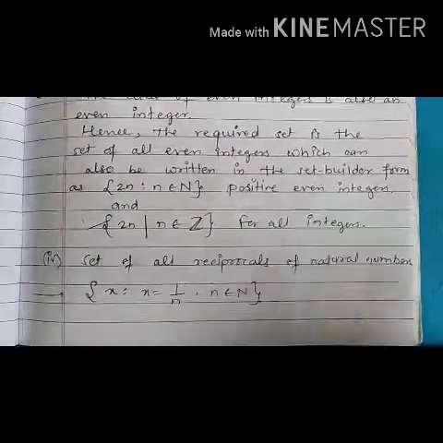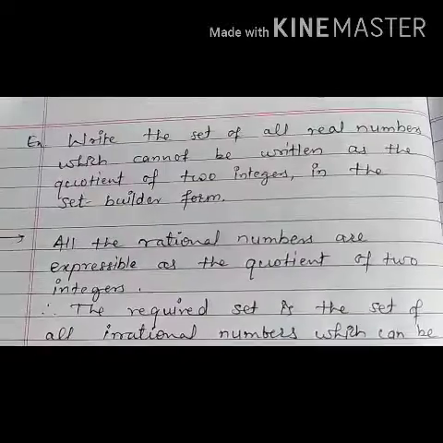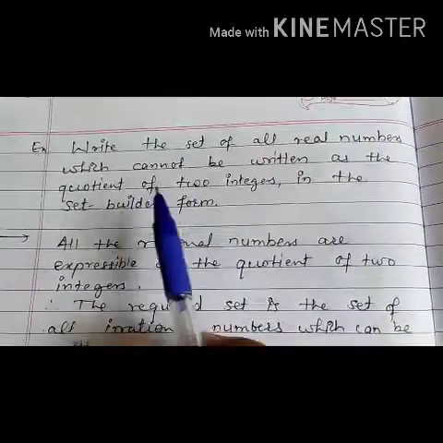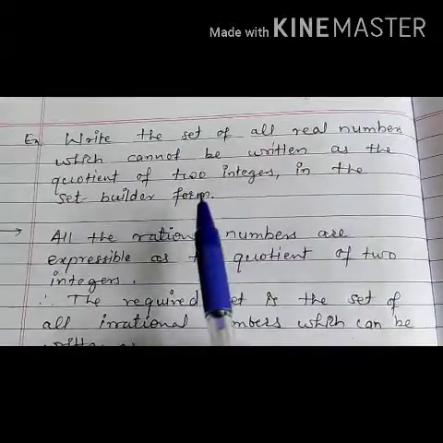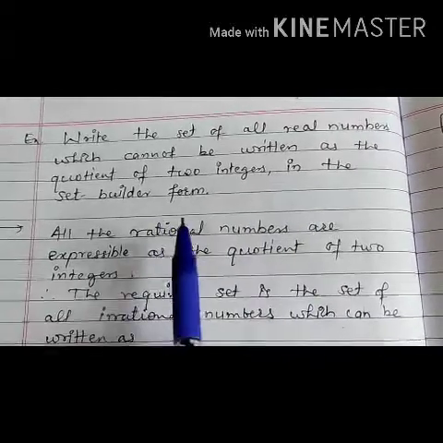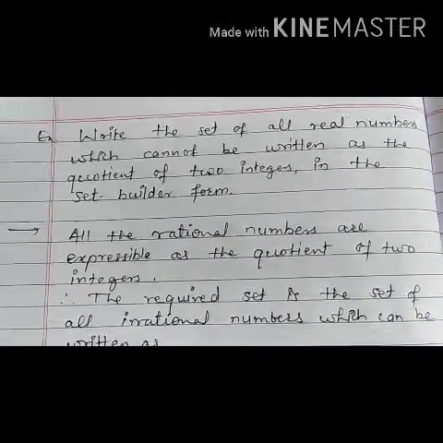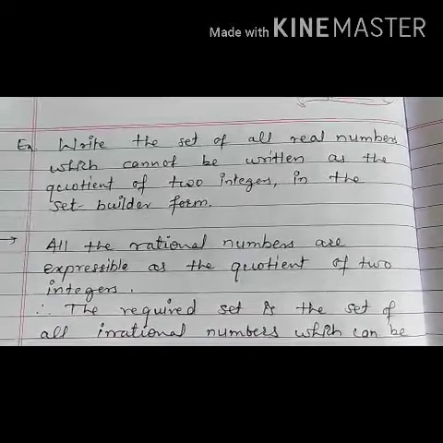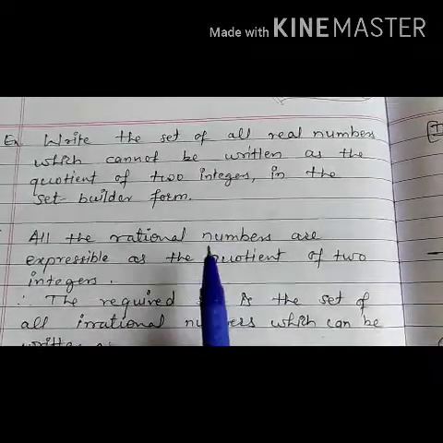natural numbers. Understood? Now the next example, write the set of all real numbers which cannot be written as the quotient of two integers in set builder form. Now we know that the real numbers which cannot be written as the quotient of two integers are irrational numbers.